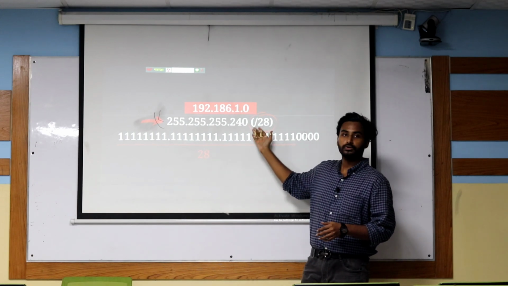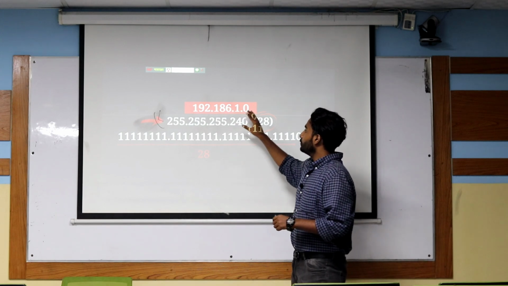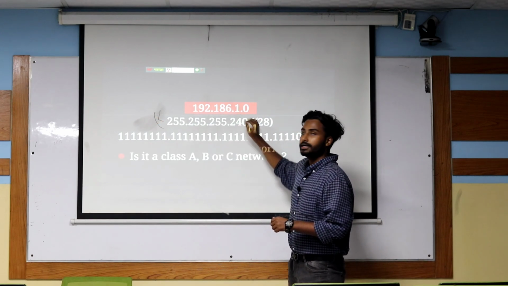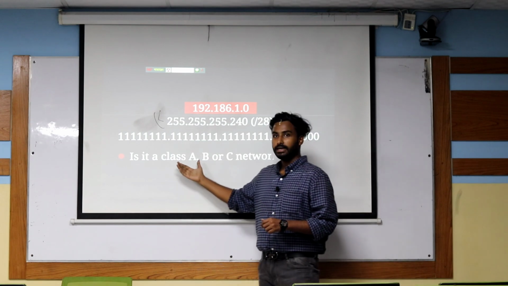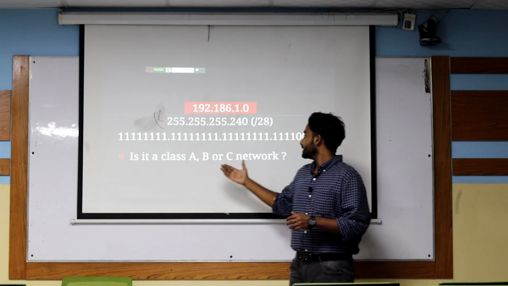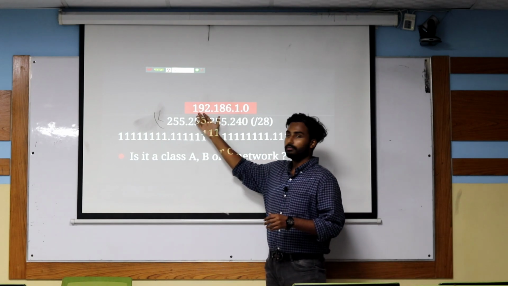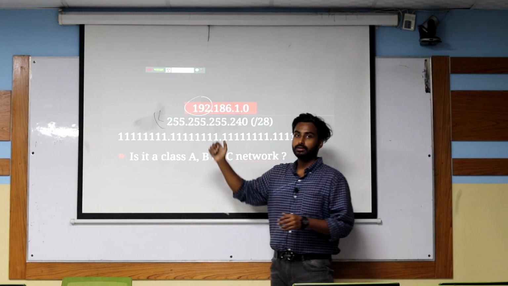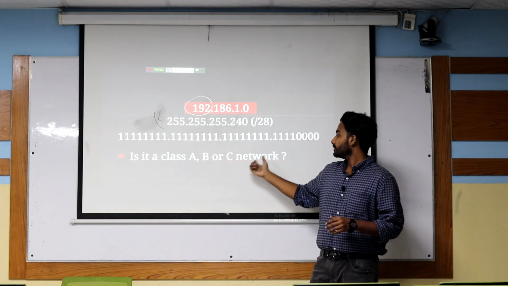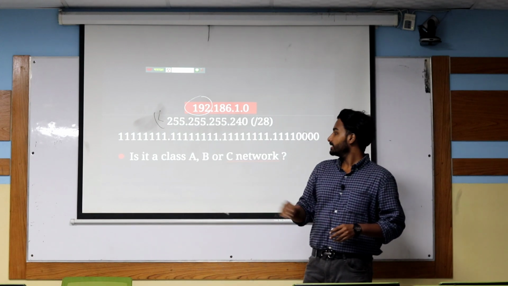After that we have to determine which class this particular network address belongs to. Is it class A, class B or class C? We can easily say that it is a class C network, because the first octet of this network is 192, and 192 belongs to the class C range.